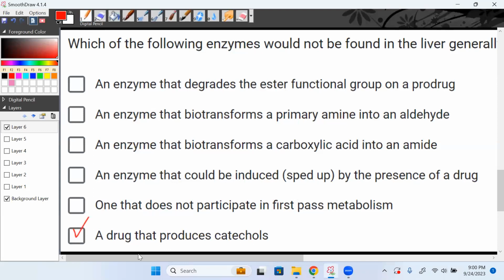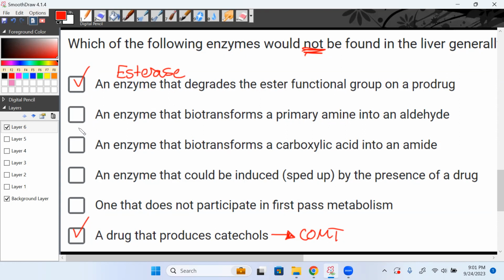This is not found in the liver generally. And how come? Which enzyme is that? Yeah, catechol would be COMT. An enzyme that degrades the ester functional group on a prodrug. This would definitely not be, because we know this is an esterase. Esterases are found almost ubiquitously throughout the body.